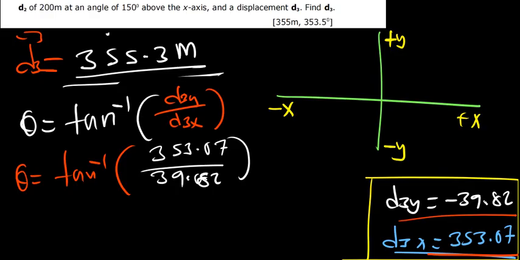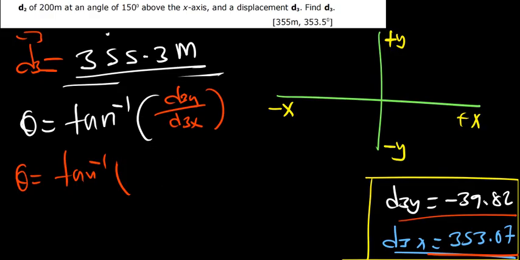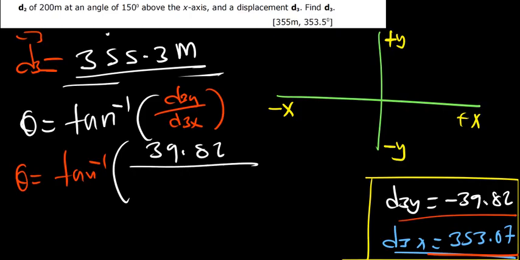We are saying shift tan, open brackets. Oh, I've swapped them, right? The y is 39.82, and the x is the one which is 353.07. Yes, like that.